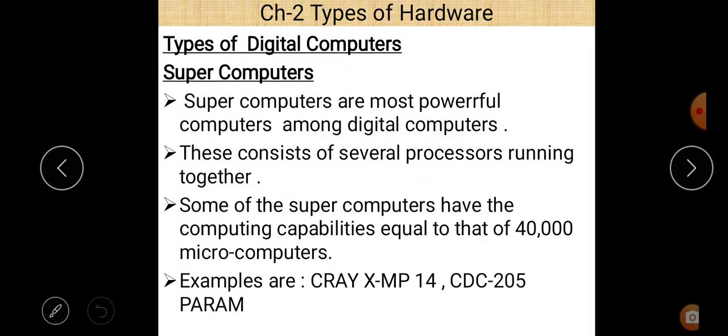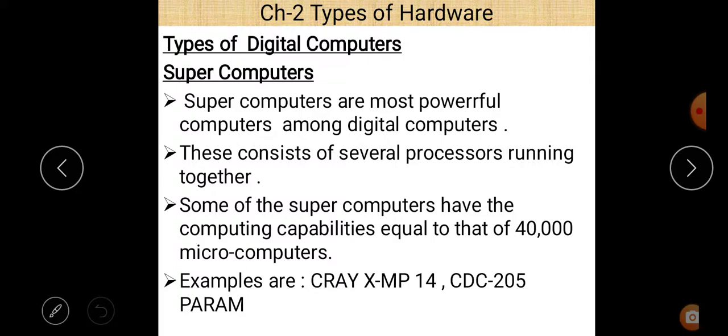And next is supercomputers. Supercomputers are the most powerful computers among digital computers, and they consist of several processors running together. So there is more than one processor in supercomputers, and some supercomputers have computing capabilities equal to that of 40,000 microcomputers.